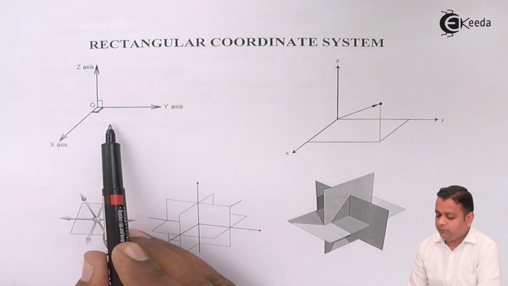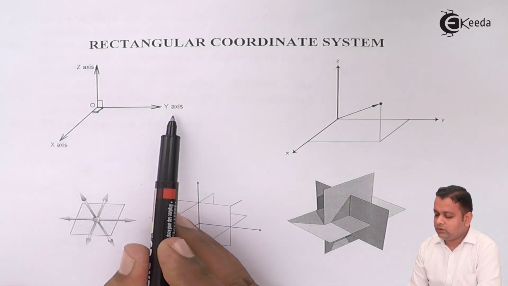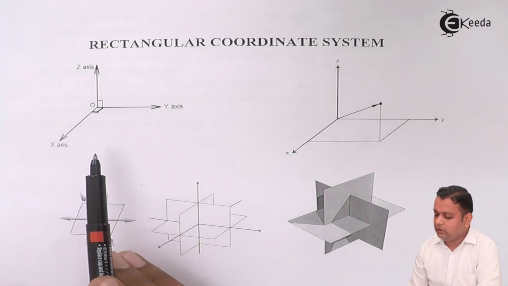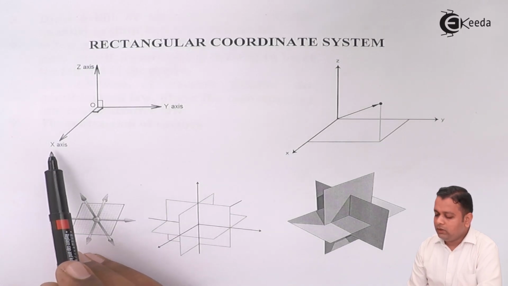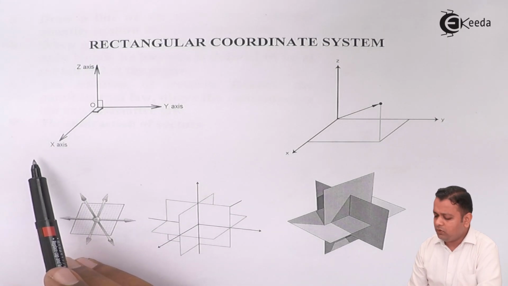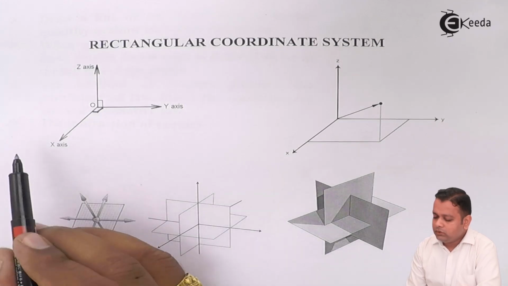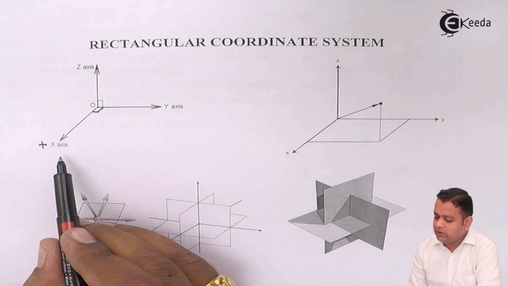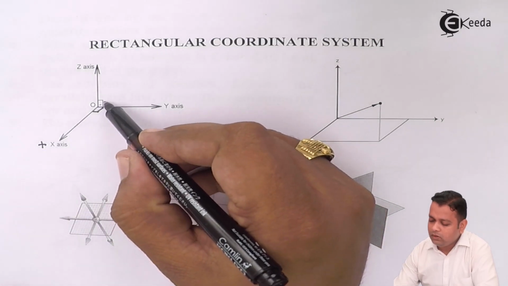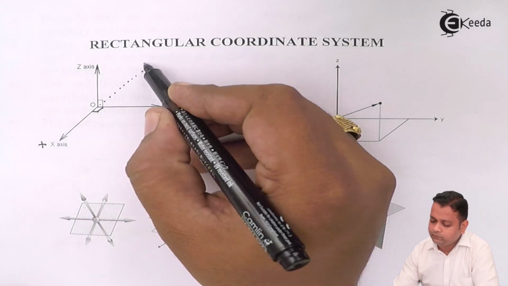Now in this diagram, I have drawn the x-axis, y-axis and z-axis in the plane of the paper. Actually, this x-axis is one-sided orientation. So this is the positive side. The negative side of the x-axis can be drawn in the opposite direction.